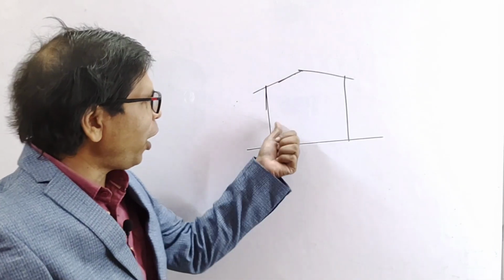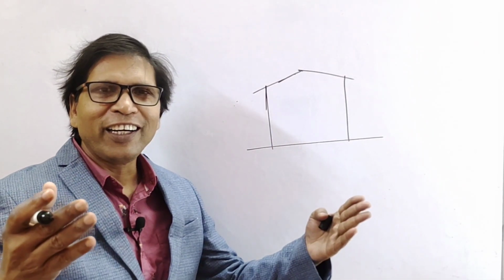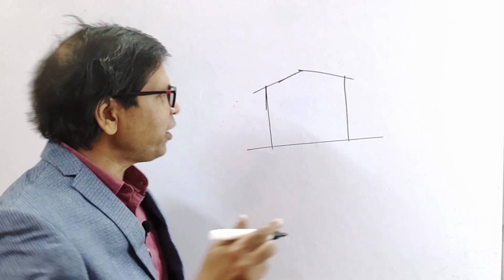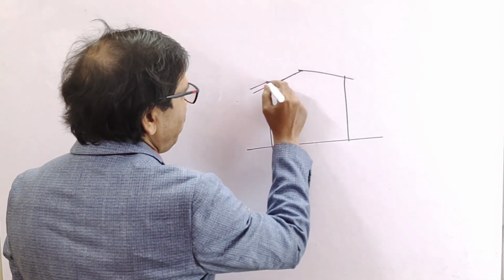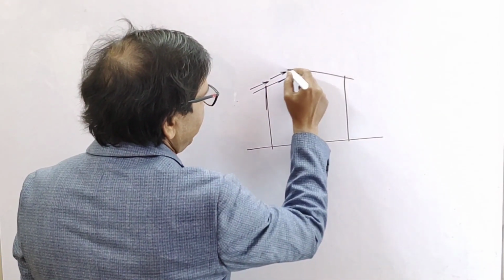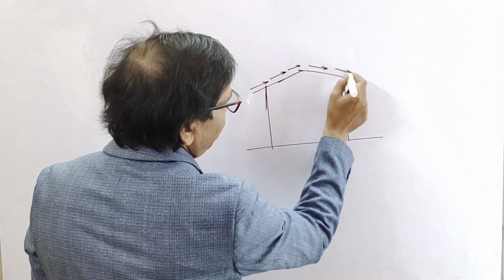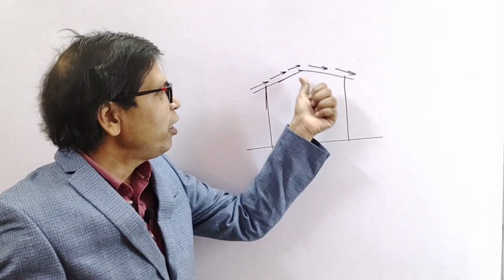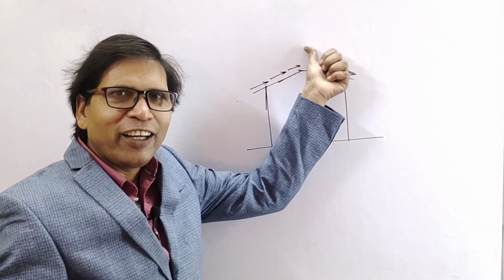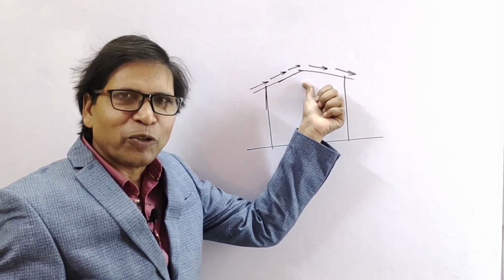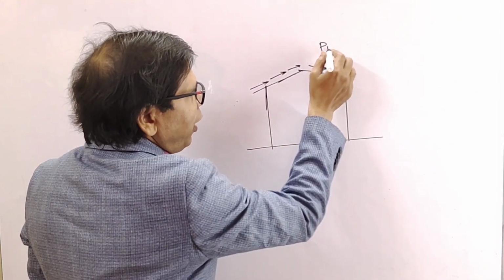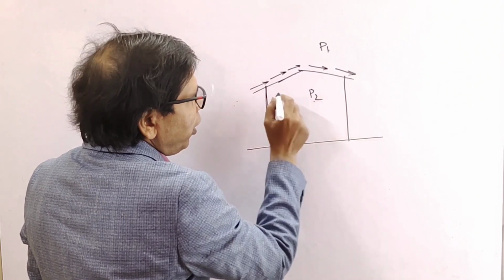Now some important facts are explained with the help of Bernoulli's law. First of all, the tin roof of a house is sometimes blown off during a storm. During a storm the velocity above the tin is more than the velocity below the tin. Here velocity is more, here velocity is zero. So pressure P1 is less than pressure P2.